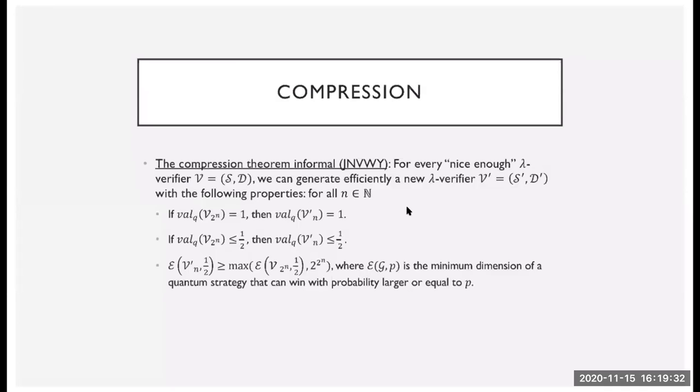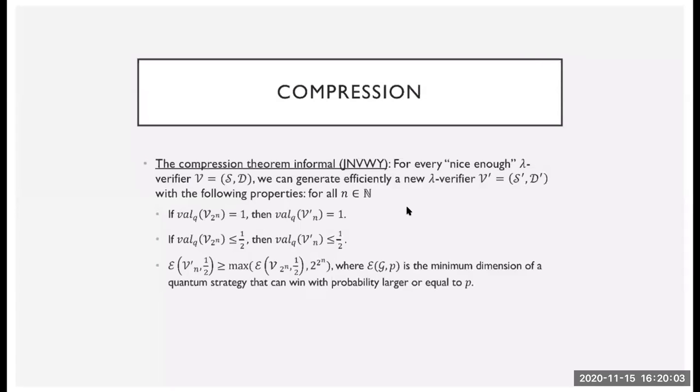I'll at least wave my hands a bit and try to explain where this comes from. The way they do this compression is you have, for example, a protocol to solve some problem like 3-coloring of a graph, the succinct 3-coloring of a graph.